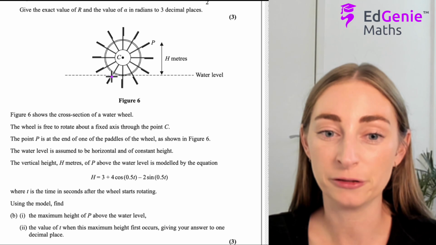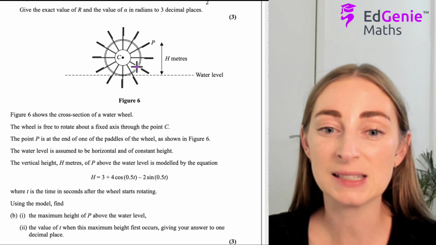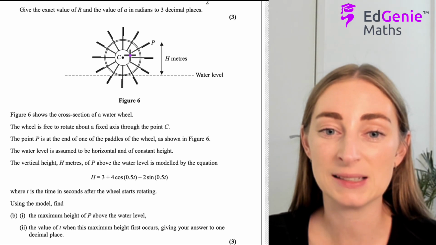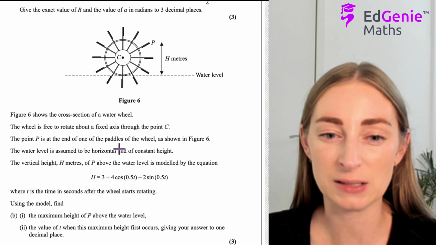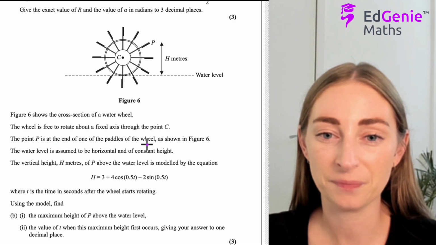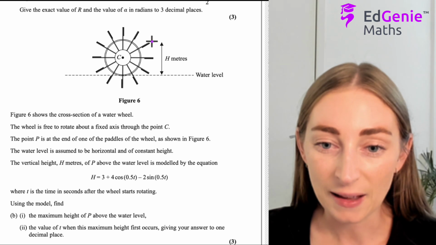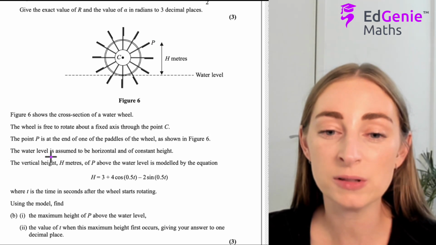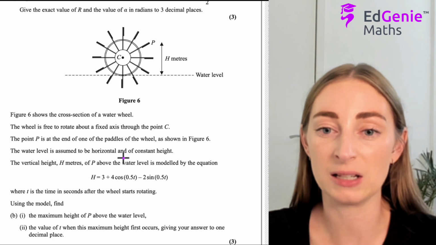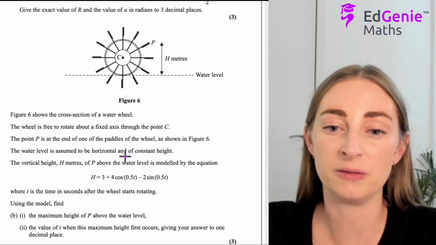Figure 6 shows the cross-section of a water wheel. The wheel is free to rotate about a fixed axis through the point C. The point P is at the end of one of the paddles of the wheel. Here we go. As shown. And the water level is assumed to be horizontal and of constant height. So the water level's like that, it's not moving.